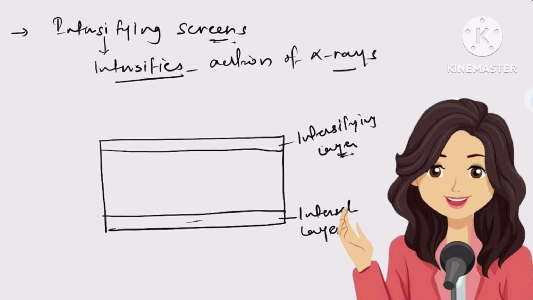Now, the presence of intensifying screens creates a receptor that is 10 to 60 times more sensitive to X-rays than film alone.